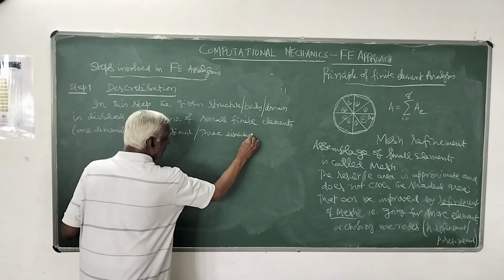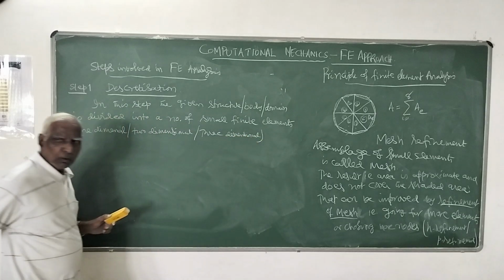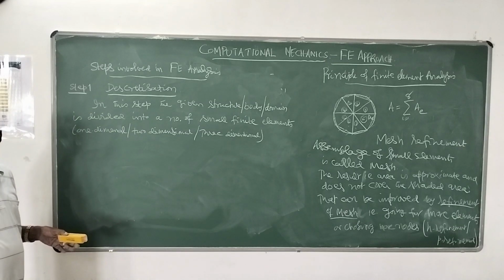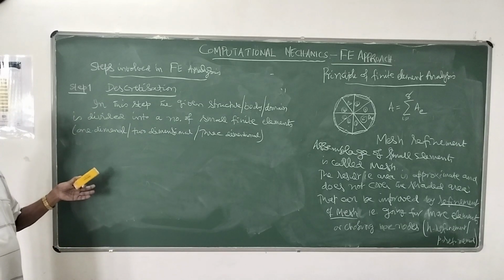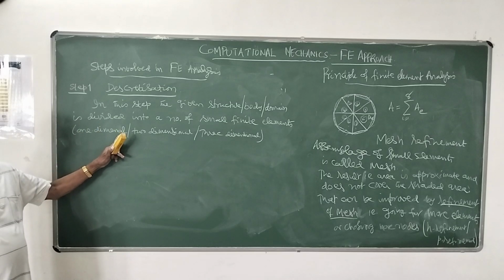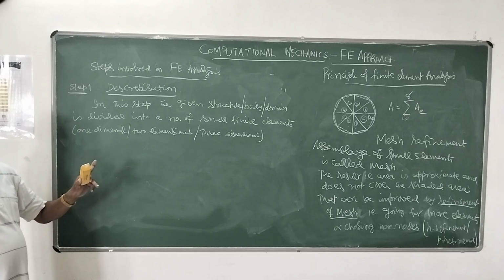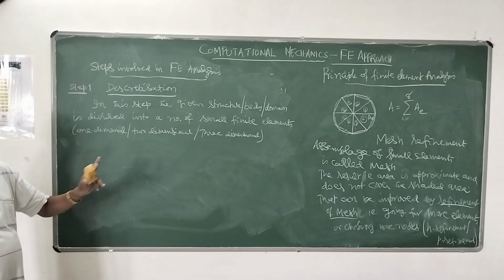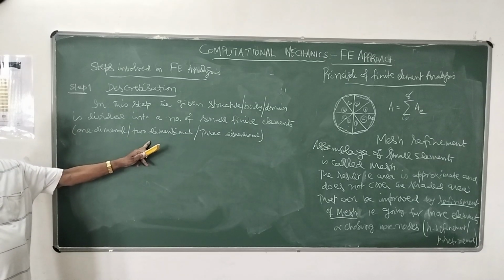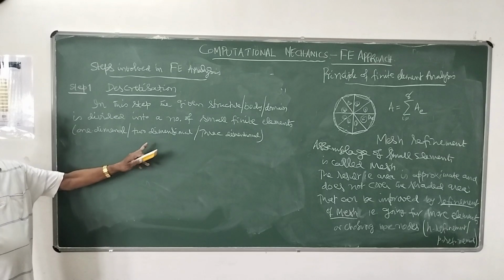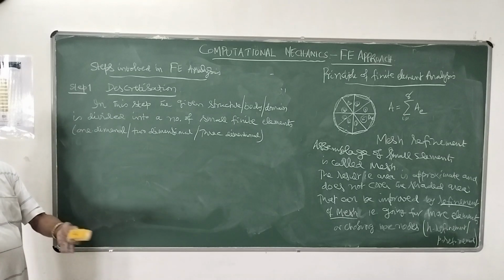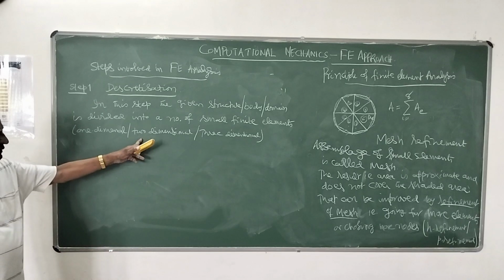Because already I told in the classical approach also, a one-dimensional problem is that problem which is made out of only one-dimensional members, that is line members. Two-dimensional problems are those made out of area members, area elements.